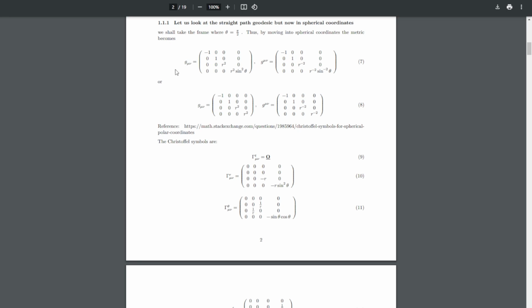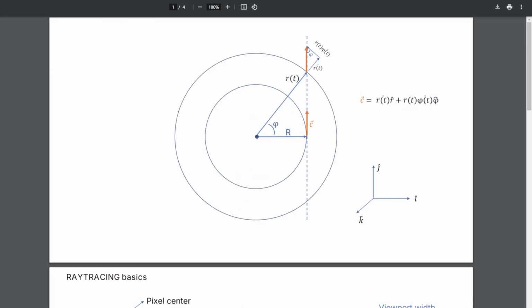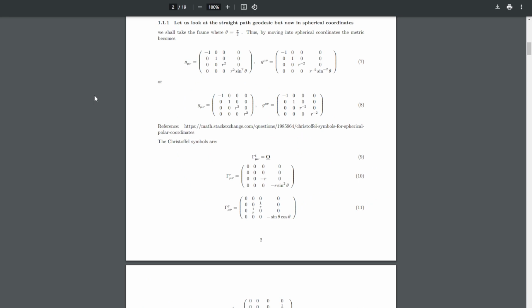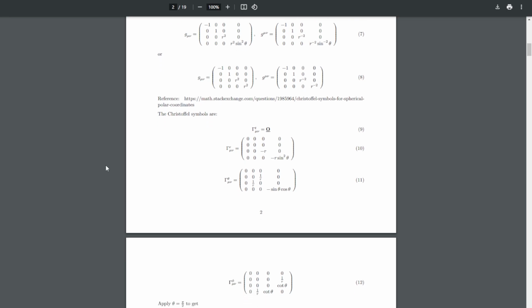A very good thing about photons in Minkowski space is that, like we said, they follow a straight path. That means that it will never leave the plane made by the center of our reference frame and the initial direction. So if we pick the coordinates just right, theta will be constant, and we can put in a value such that our metric is a bit simpler.